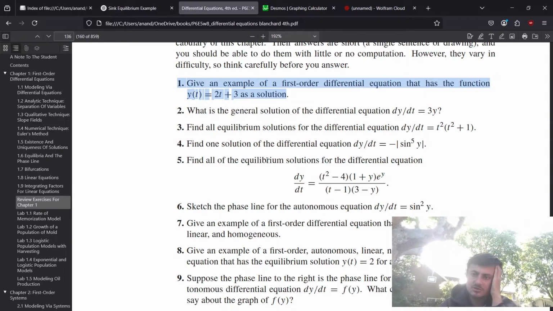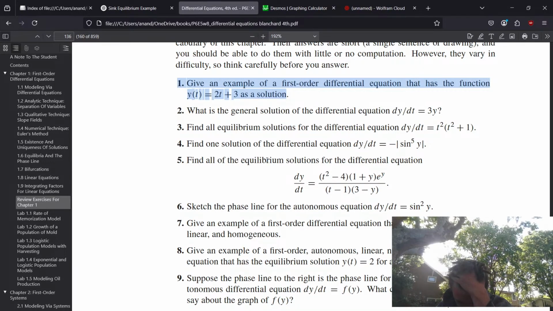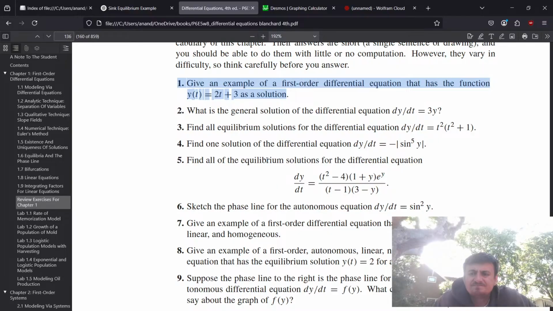Wait, find the equilibrium solutions for something that only depends on t. Okay, look.